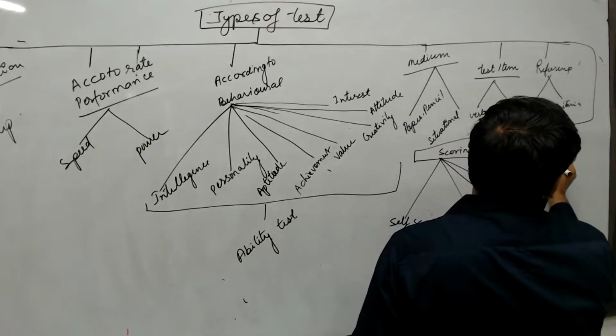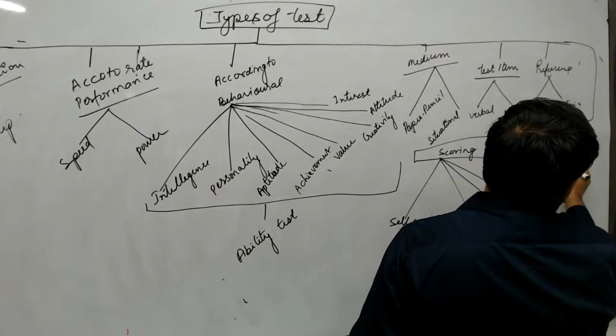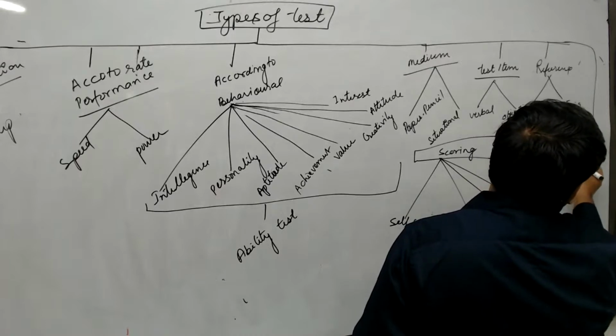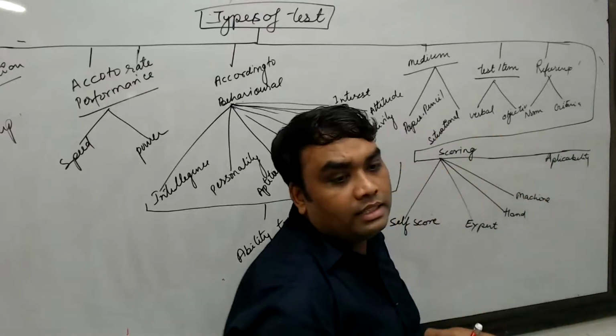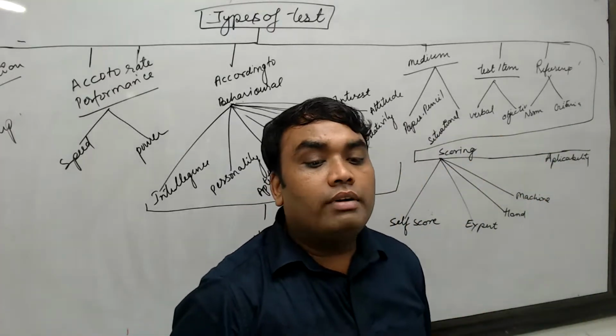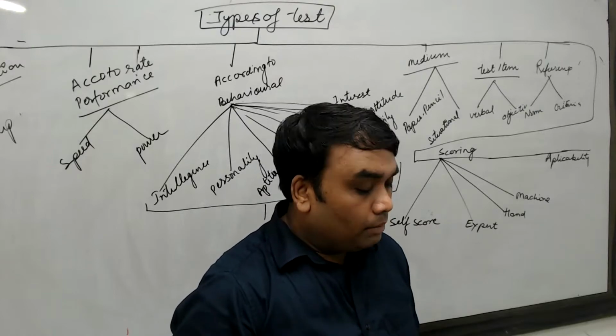Then here is according to applicability. Applicability के बेस पर भी टेस्ट के टाइप्स होते हैं. On the basis of applicability, there is also different types of tests. What are that applicability?